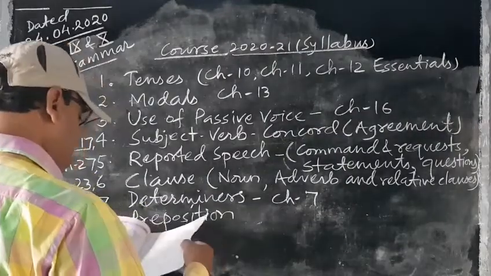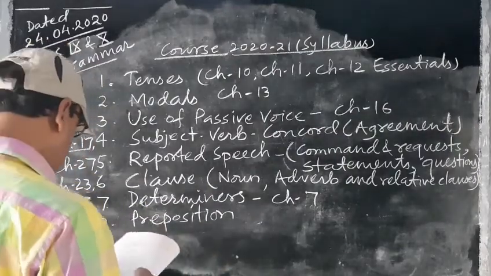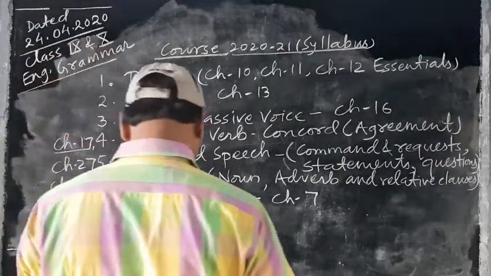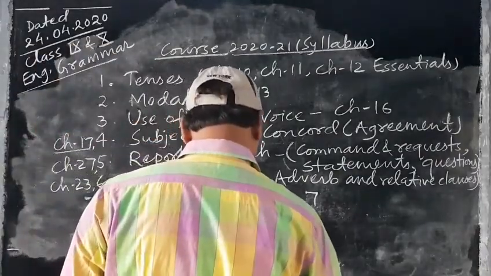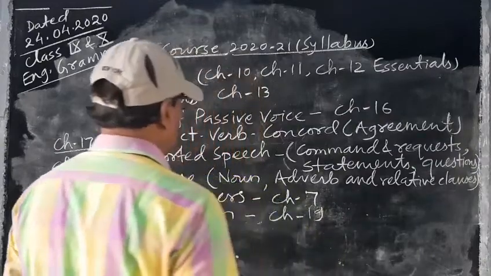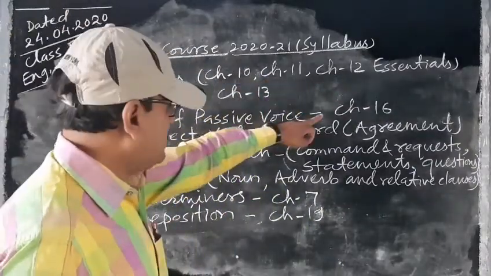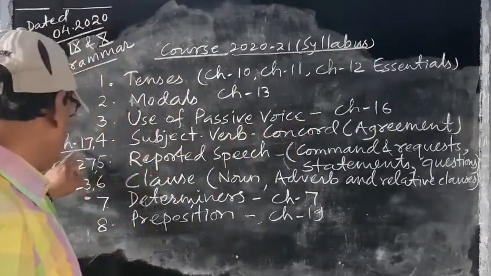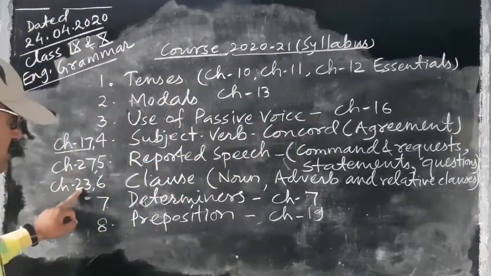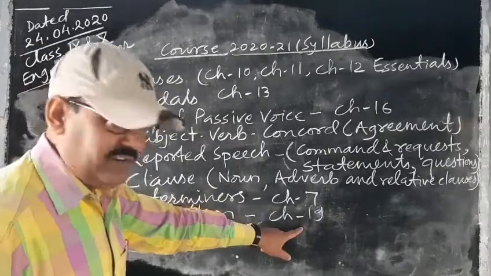After this we will go to prepositions, which is chapter 19 in this book. So we will study chapters 10, 11, 12, 13, 16, 17, 27, 23, 7 and 19.